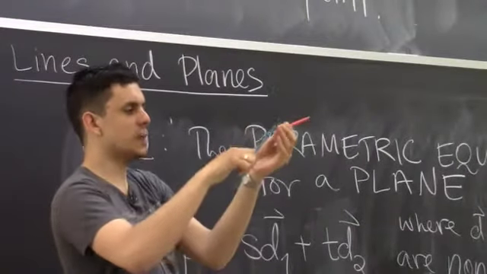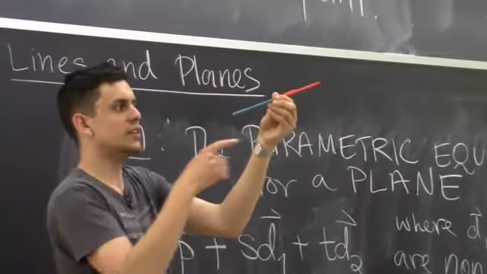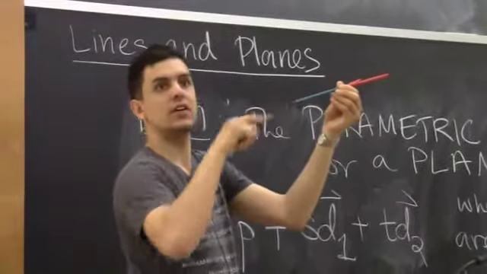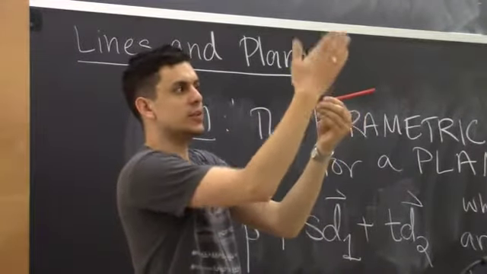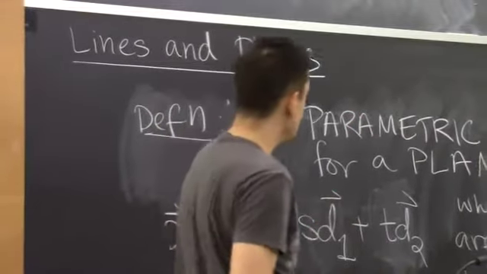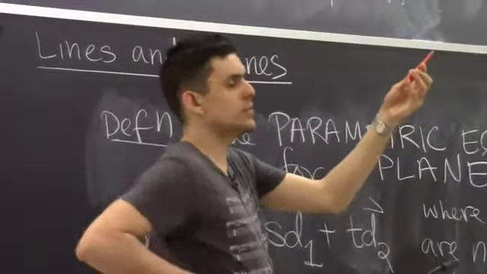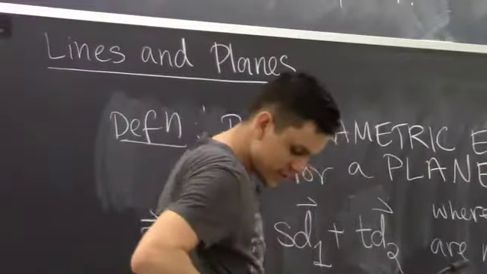But if these guys were parallel, if the two vectors that we added were end to end, then we'd trace out this line. So we need that the two vectors are not parallel so that we get that surface that we want. And if one of them was 0, if the blue one was 0, then we just trace out a line again. So we want non-zero and non-parallel.